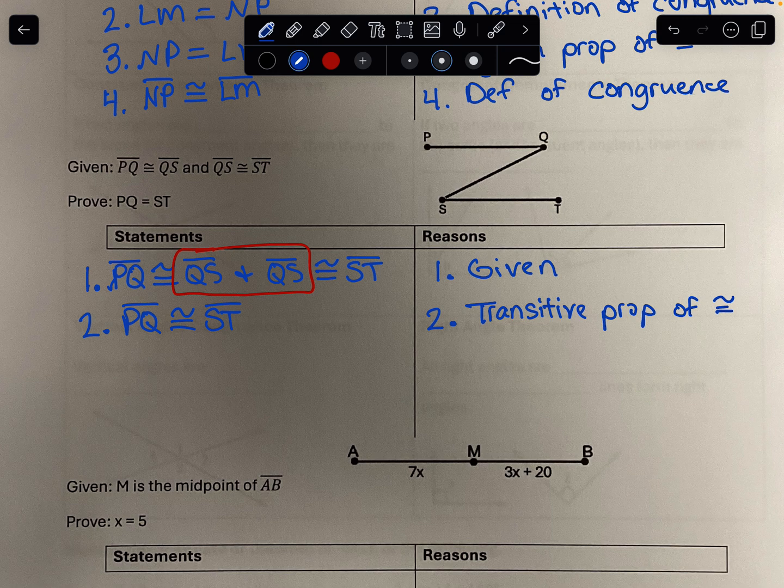And then we should know the last step because we just used it twice on the proof before. What can I say for my final answer? Good. PQ is equal to ST, and we know that's true because definition of congruence.